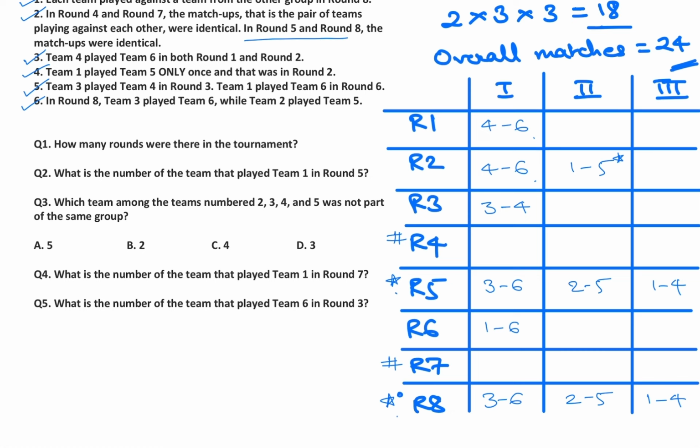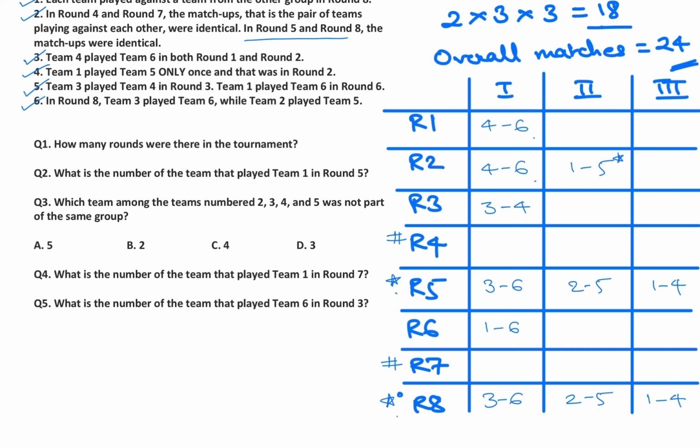So these are the overall number of matches that will be played. If you remember, the number of matches played in the same group amongst each other will be 1, and across groups, that is in the different group, the number of matches that will be played will be 2.